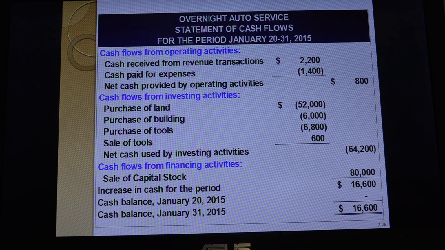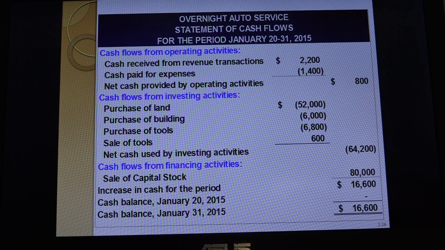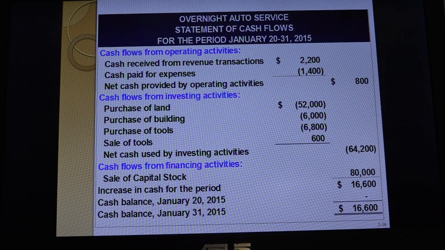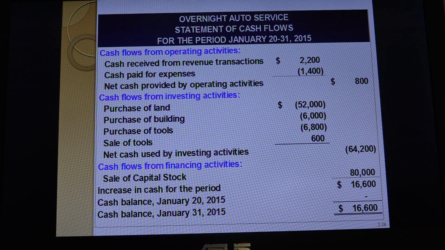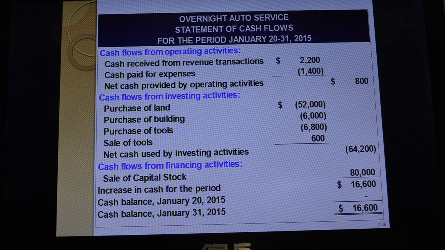Why would the 600 not be included in the 2,200? Well, the reason why is because Overnight Auto Service is not in the business of selling tools. They're in the business of auto repair service. So that's why it's an investing activity. It's a cash inflow from investing activities, not an outflow. So think of it as the cash inflow, the sale and purchase of capital assets that you use in the business. Those are investing activities.